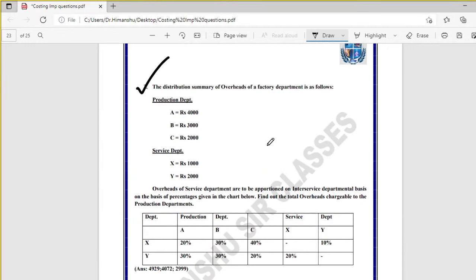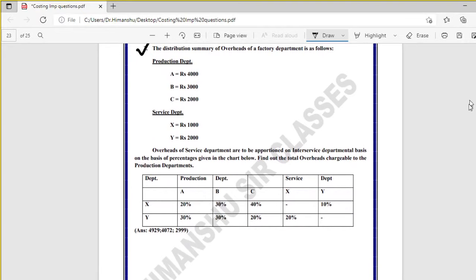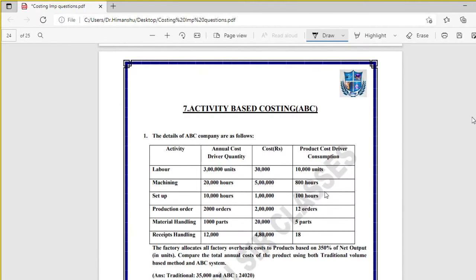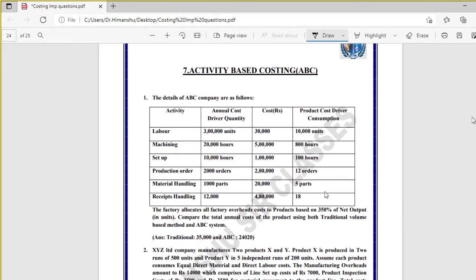And this is again an important one where you will have to find out the total overheads chargeable to the production departments. You've got 3 production departments A, B, C and 2 service departments X and Y. Activity based costing, ABC.